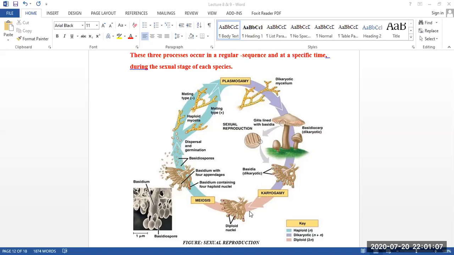After that, the diploid nuclei go through meiosis, and in meiosis the chromosome number becomes half of its parent cell.